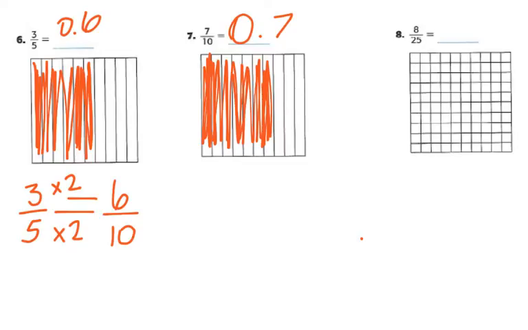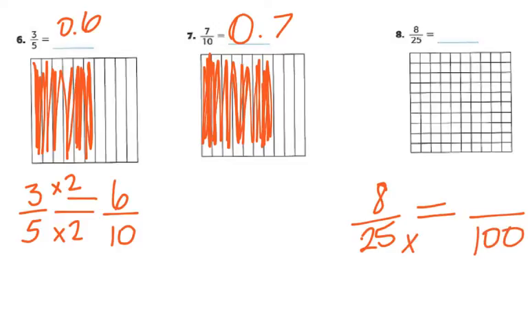And then the final one, 8/25, you needed to get that to something with a denominator of 100. So you're thinking 25 times what equals 100? 25 times 4. So then we would have multiplied 8 times 4, getting 32 hundredths. You can shade in 3 full bars, 3 columns.